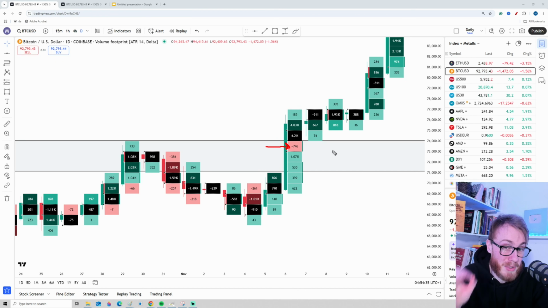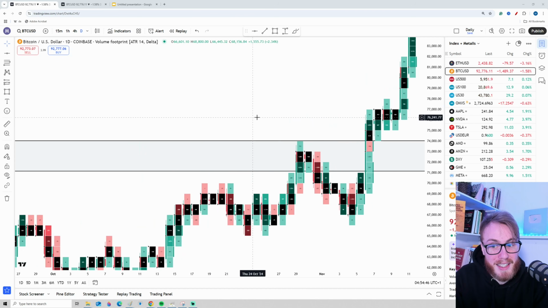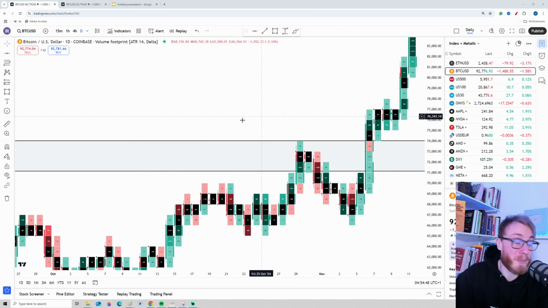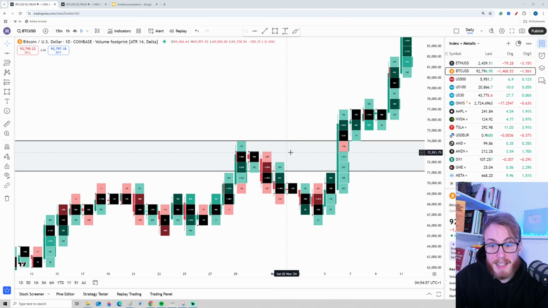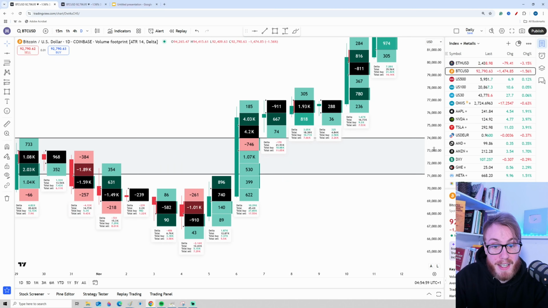At this point you had many sellers trying to sell. And you might wonder, why could this happen? Well, if you know the principles about support and resistance, you know that many sellers probably tried to defend this resistance, right?